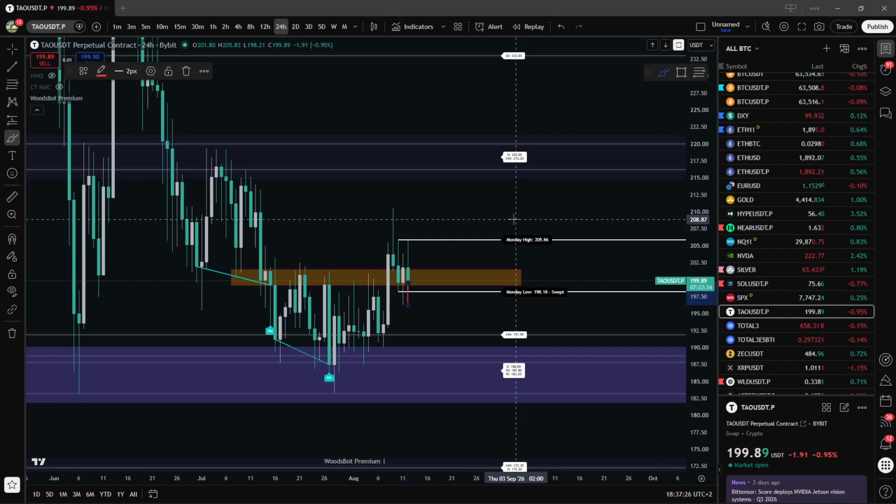It just needs some time. But if you see price action closing back below the range highs, that's probably going to go back towards the range lows, or at least towards this Woodsbot level. But it's not ready for a trend reversal just yet.